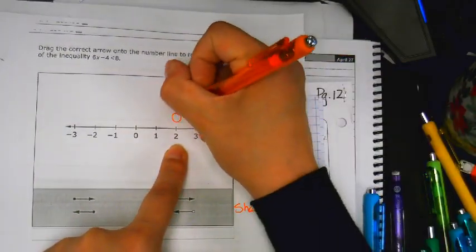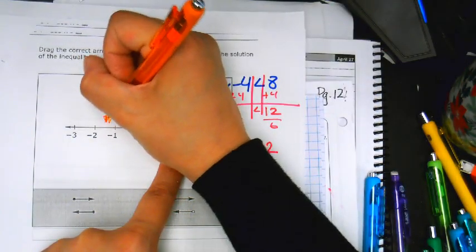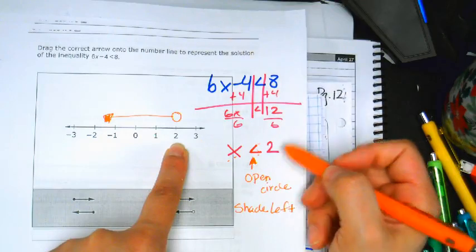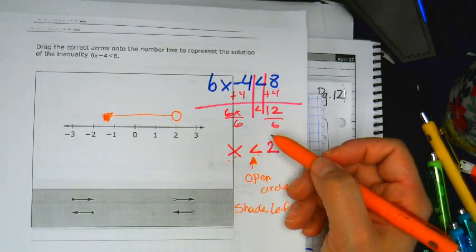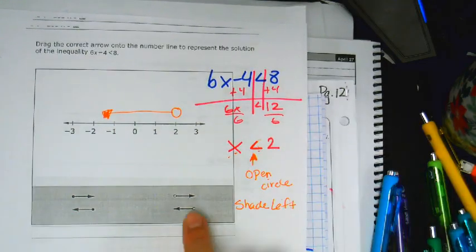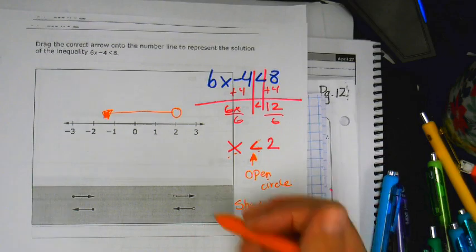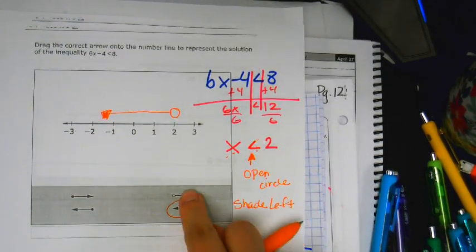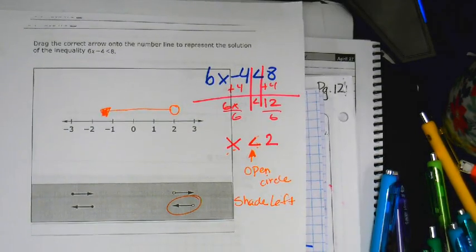Open, and then I'm going to shade to the left. Open circle, because it doesn't have the equal to part at the bottom, and shade to the left. So on the computer, I would click on this one at the bottom, click, and then drag it up to there. That's how we would do it on the computer. Click and drag.